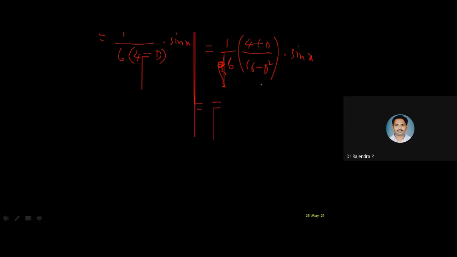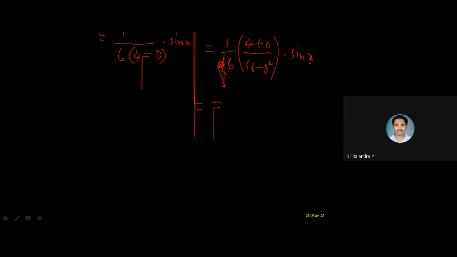So I'm going for rationalization for this. 1 by 6, 4 minus D, rationalization is 4 plus D by 16 minus D square, into sin x.